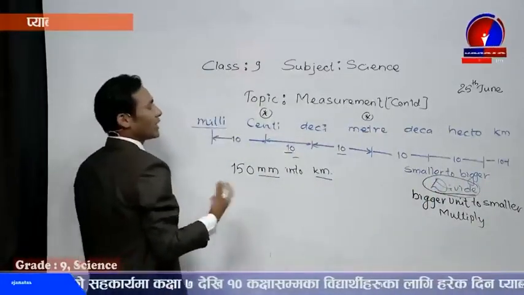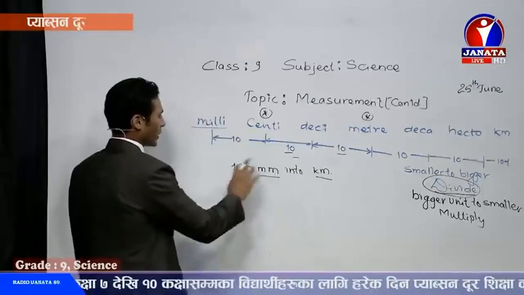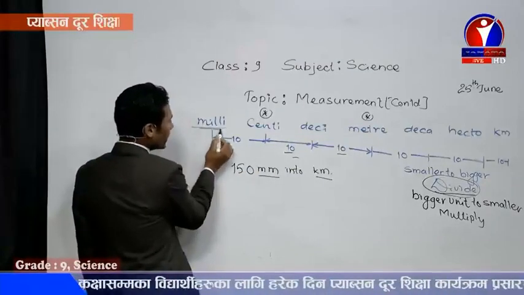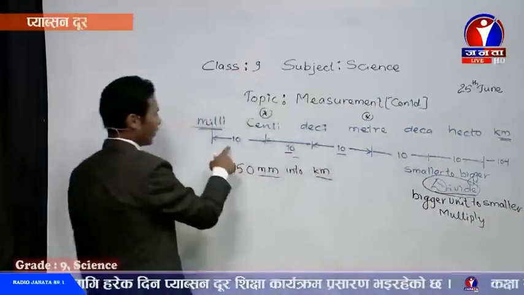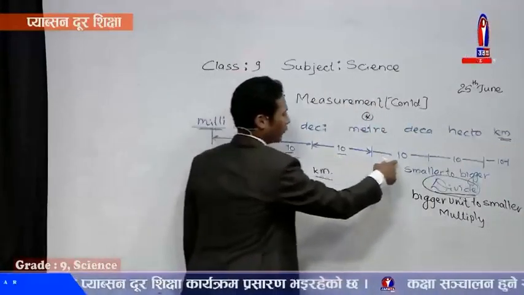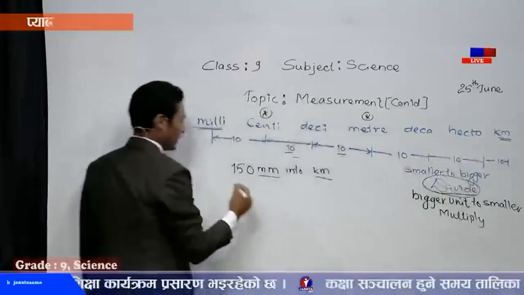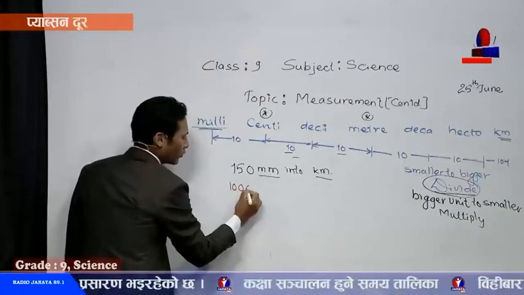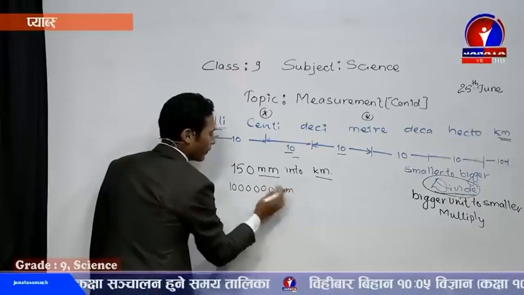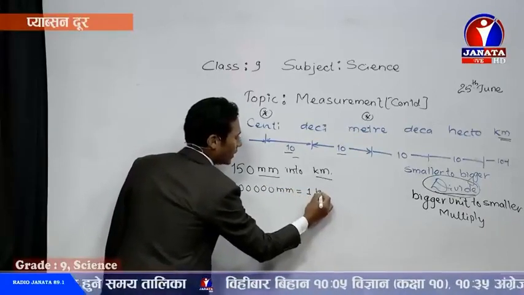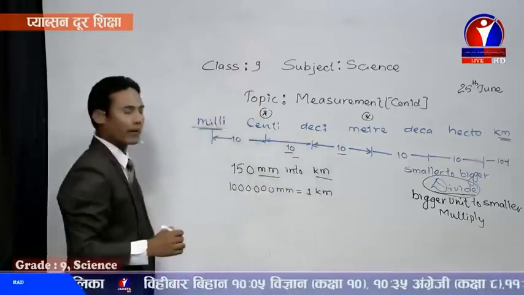Now which number do we divide by for conversion of this? Let's check. Millimeter is here and the kilometer is here. So how many tens are there? 1, 2, 3, 4, 5, 6. That means 10 to the power 6 mm equals 1 kilometer, right?